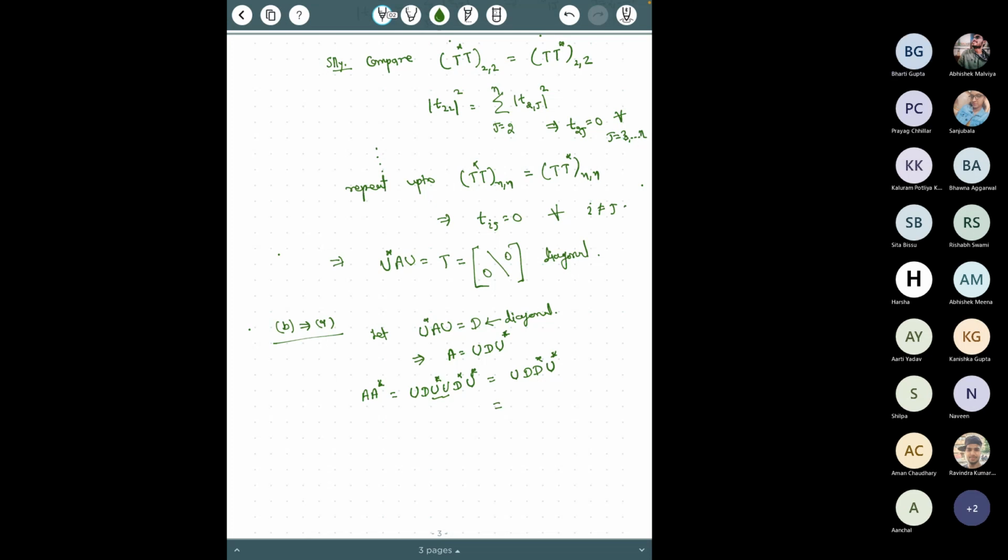And then again, what can you do from here? Tell me the next step. So D D star equals D star D. One of you said that D and D star commute because they are diagonal matrices. Yes, I agree.